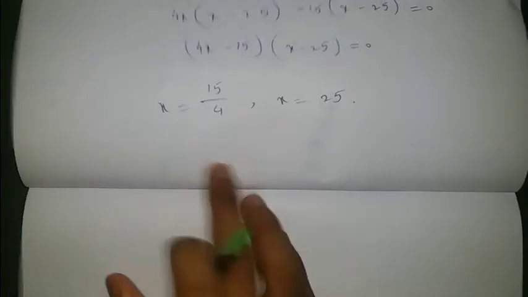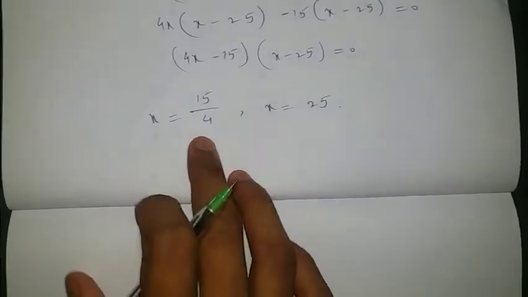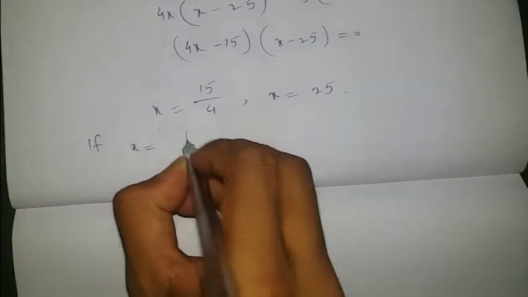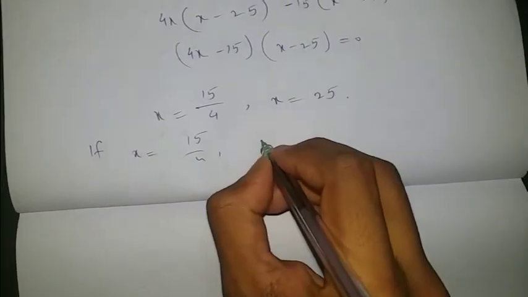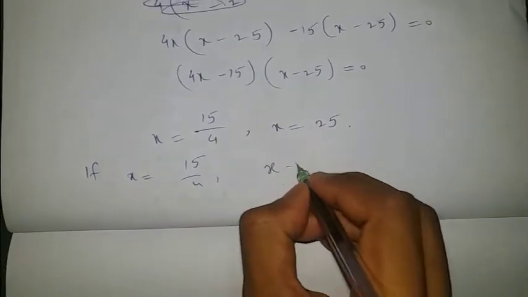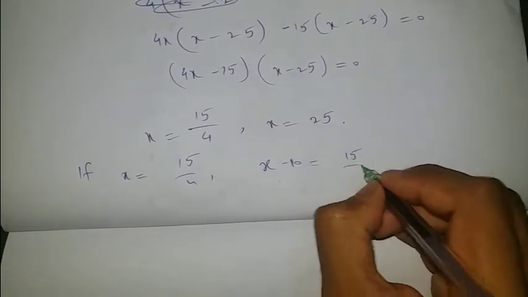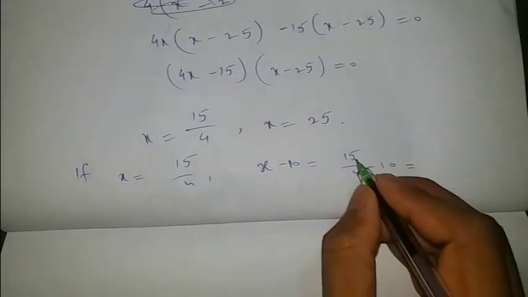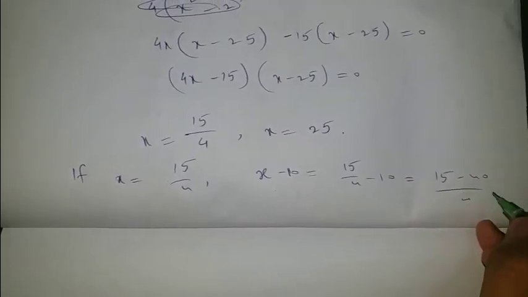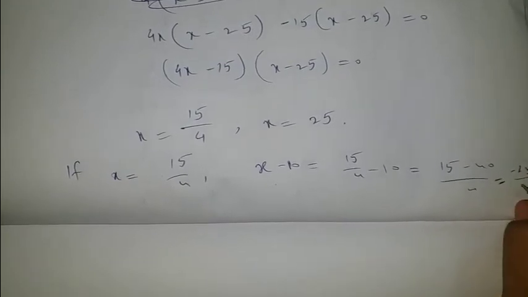That x is nothing but the time taken to fill the tank by the smaller tap. So if x is equal to 15 by 4, then how much time will it take to fill by the larger one? The larger one we have as x minus 10. So x is 15 by 4 minus 10, which is 15 minus 40 by 4, which is minus 25 by 4.